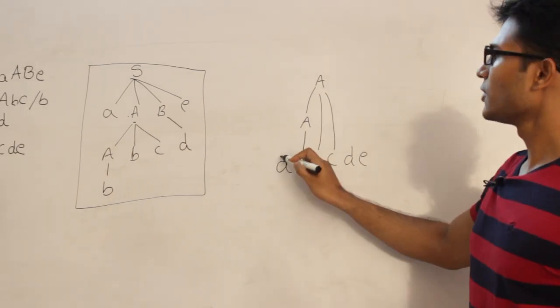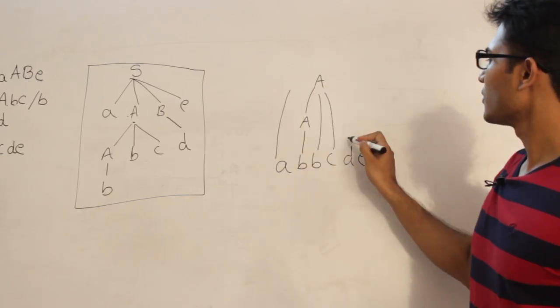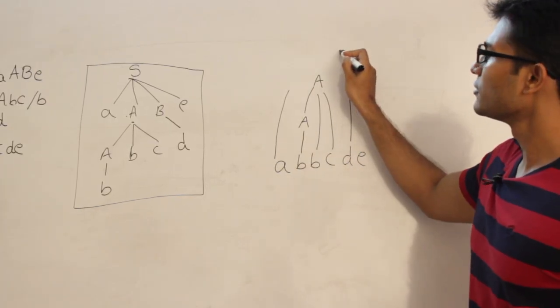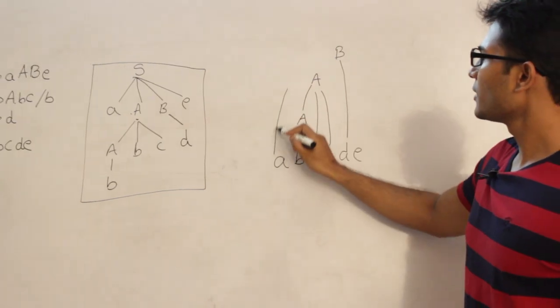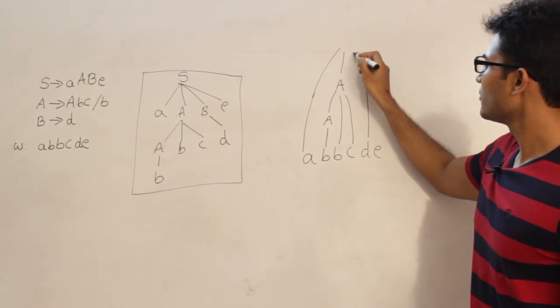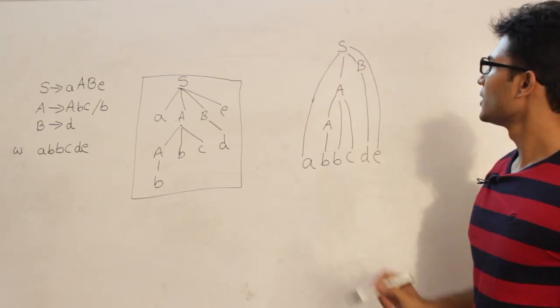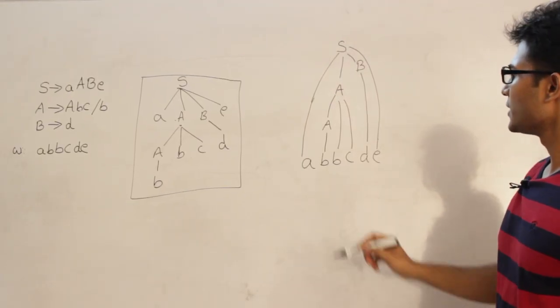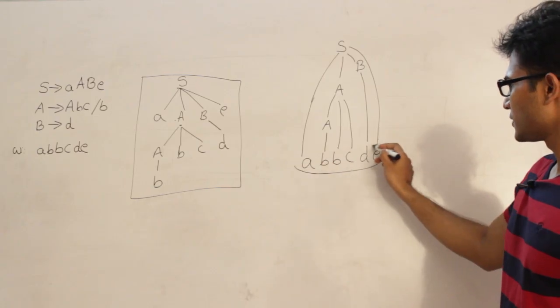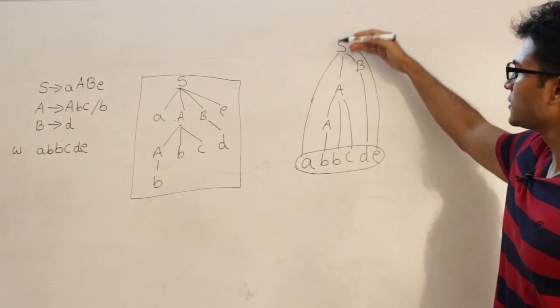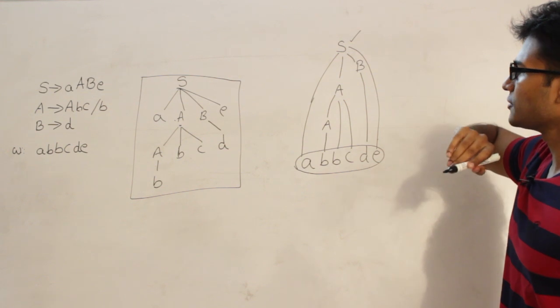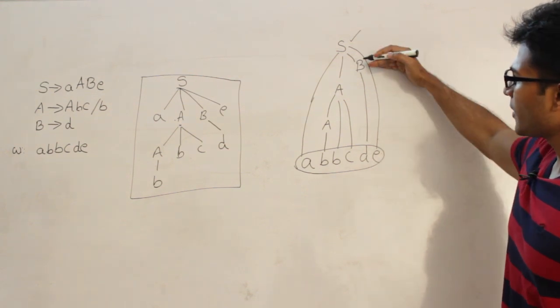And then I am going to convert this D to B, and then I am going to convert A, B, E, this entire thing, to S. Therefore, if you see the way I built it, I started from the terminals, the string, and then I reached the top, the start symbol. That is why it is called a bottom up parser.